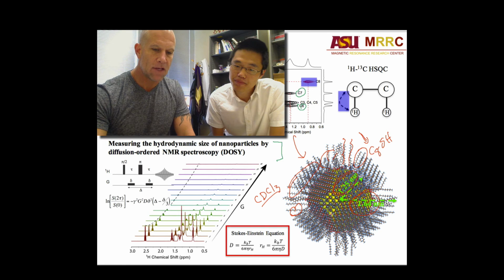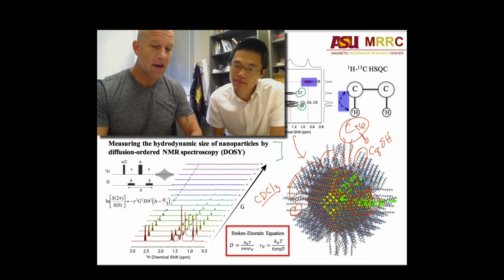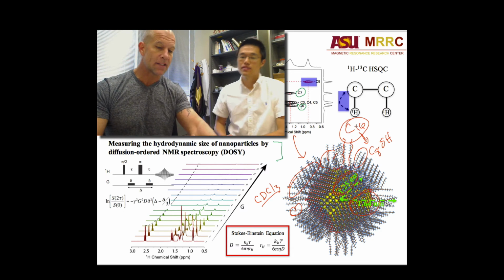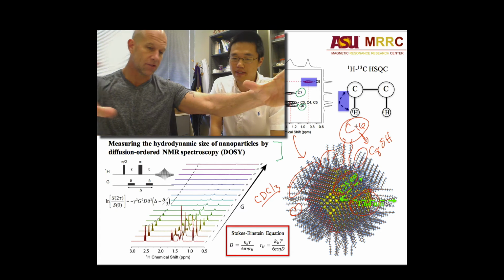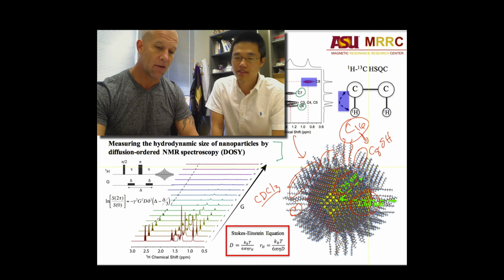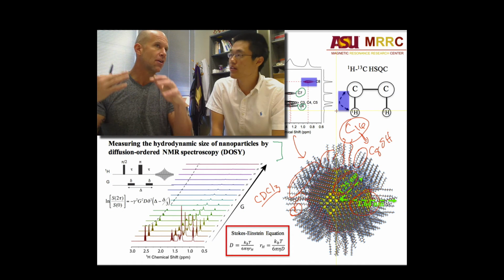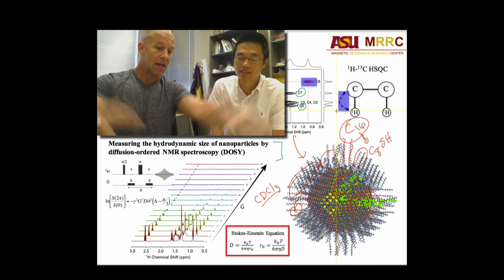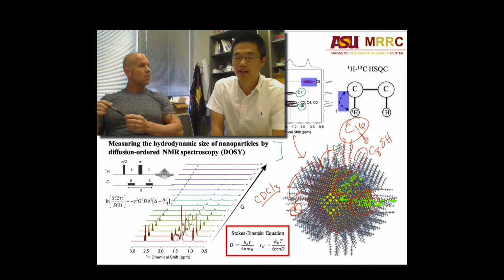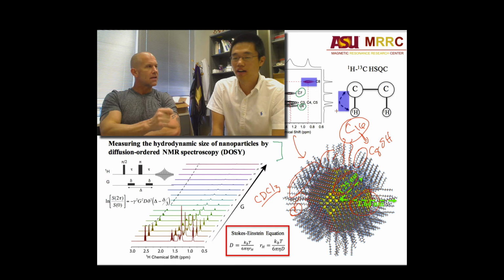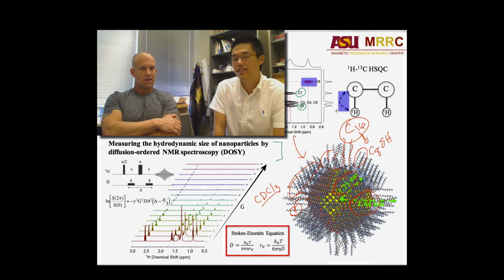If you did this with a C8 versus a bigger size like C16, you might not increase the hydrodynamic radius that much in a polar solvent, because it'll come back down upon itself and compact on the surface. But in a non-polar solvent like hexane or benzene, it might extend out more. Has anything like that been done yet, or is that still in the early stages? I don't think that has been done yet.